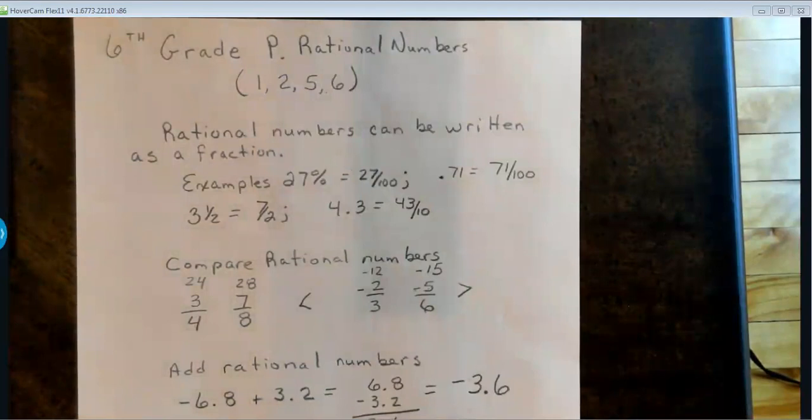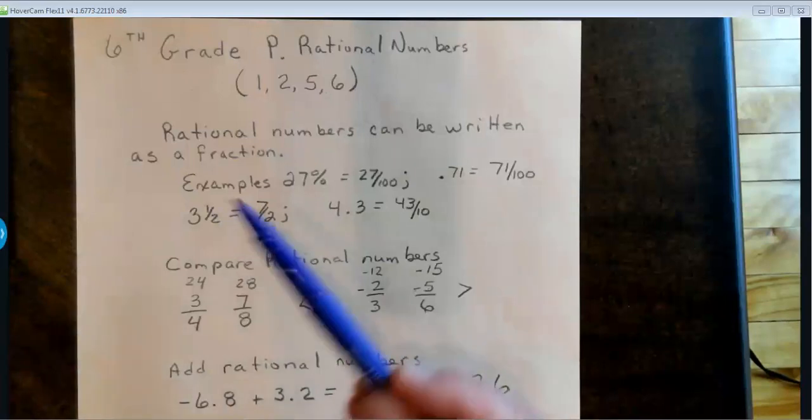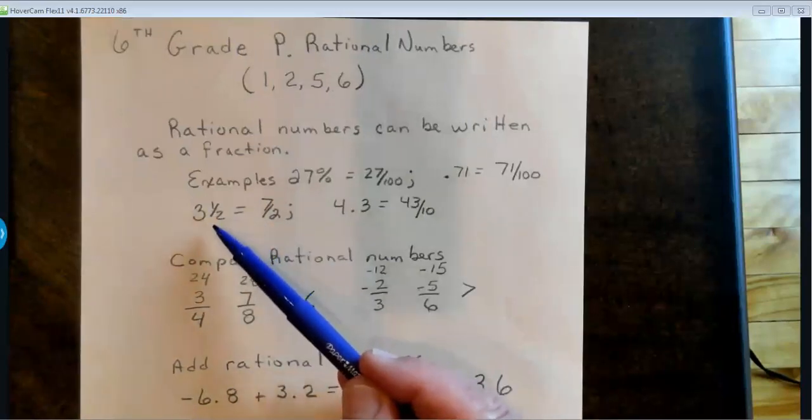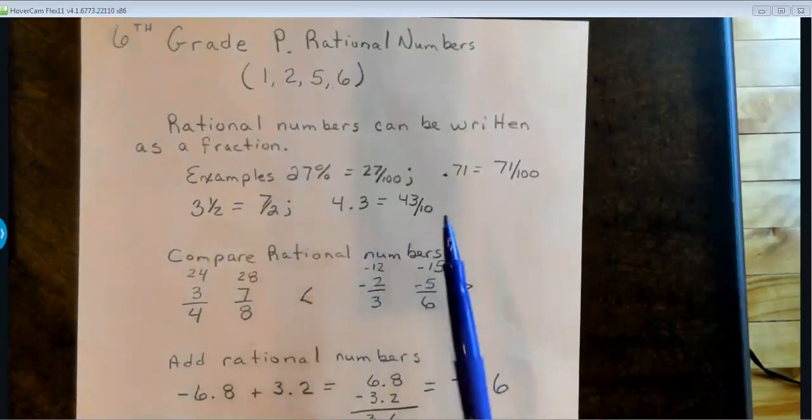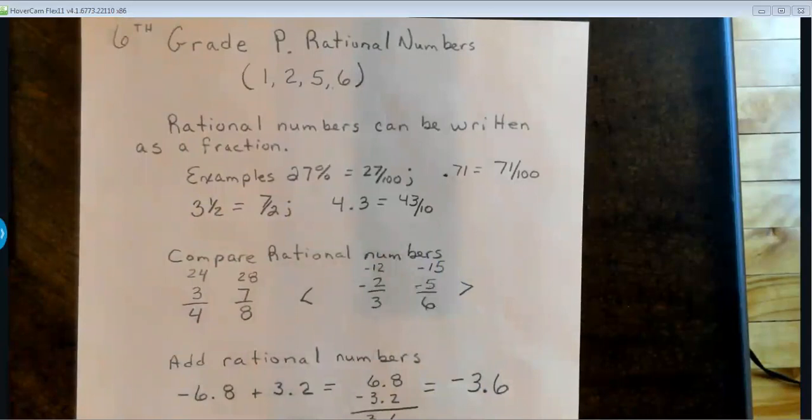The decimal 0.71 is a rational number because it can be written as a fraction, 71 over 100. 3.5 can be written as a fraction as 7 over 2: 2 times 3 is 6, plus 1 is 7, all over 2. And then 4.3 as a fraction would be 43 over 10. So any number that can be written in fraction form is going to be a rational number.